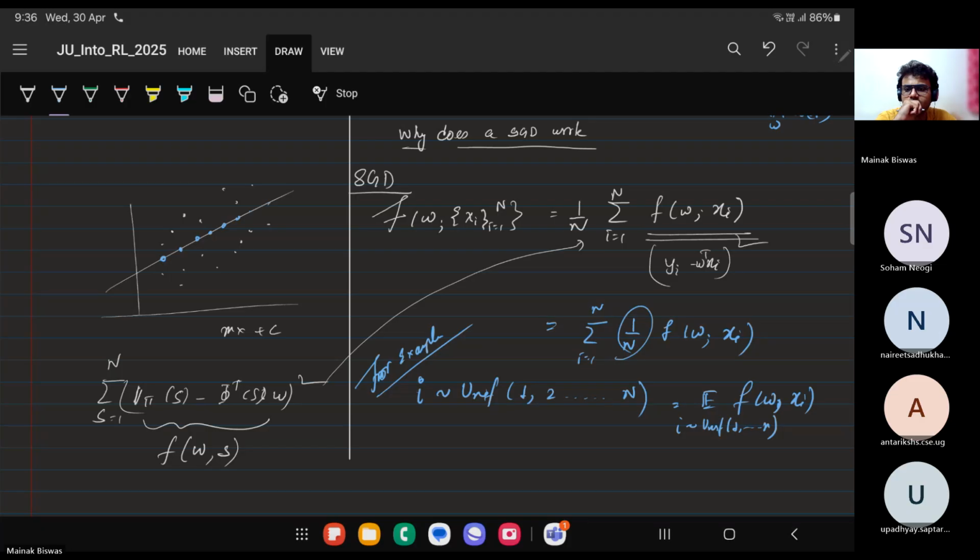Yes or no? 1 by N is the probability of selecting one number between 1 and N. It's the probability of i equal to k, or whatever.